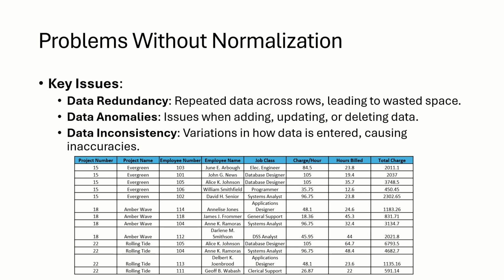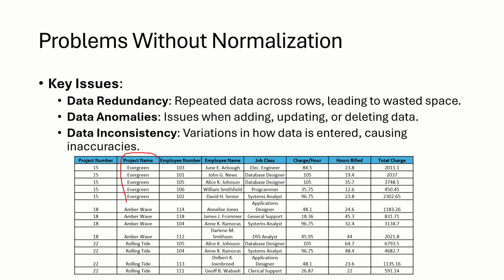So what's the problem if we do not normalize the data? Okay, the main issue is redundancy. Look at this table. When you look at this table, you can see some of it is very redundant.